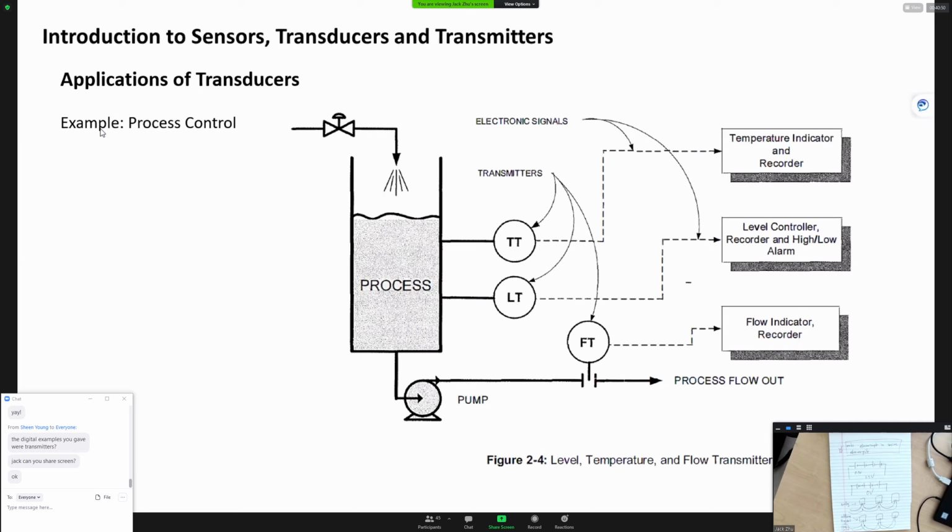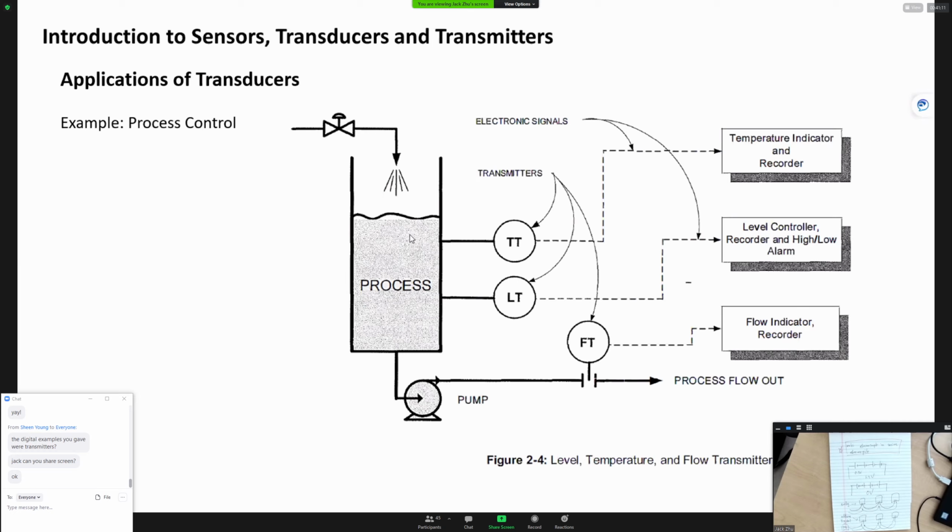Here's some examples of where transducers are used in process control. So we have a process here. A pump is taking material from this tank and sending it through to the next process.